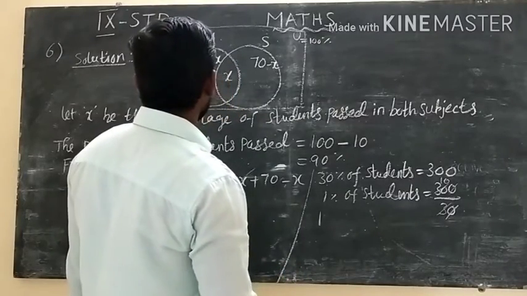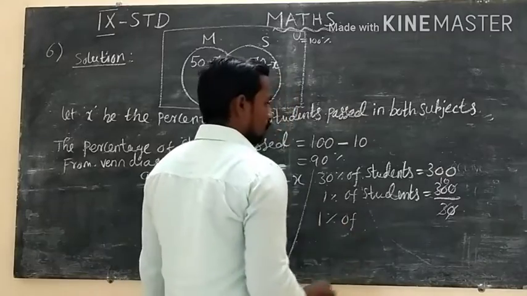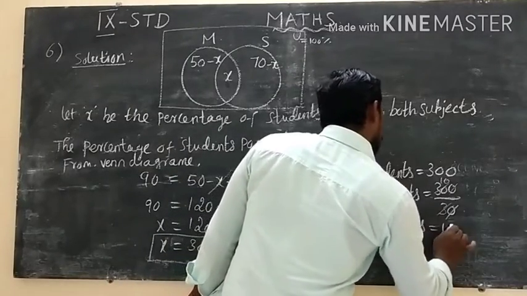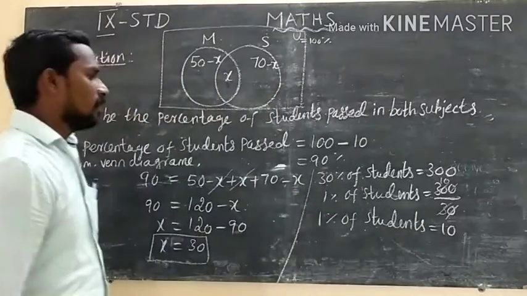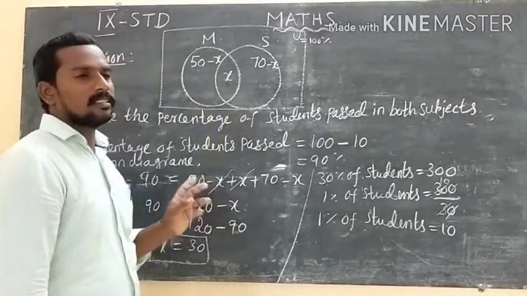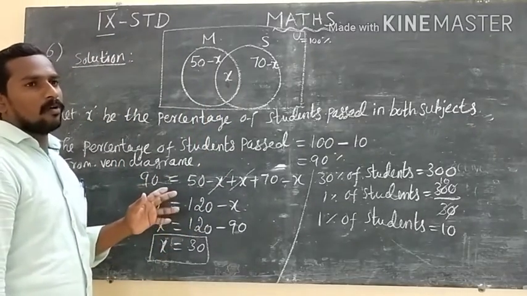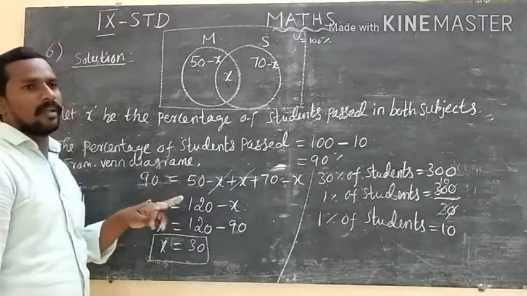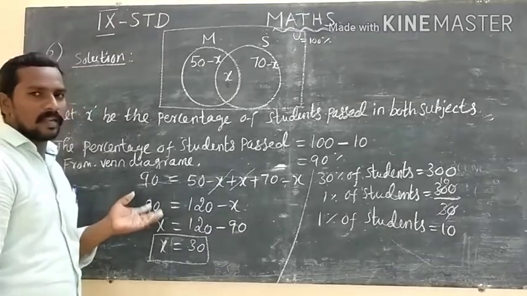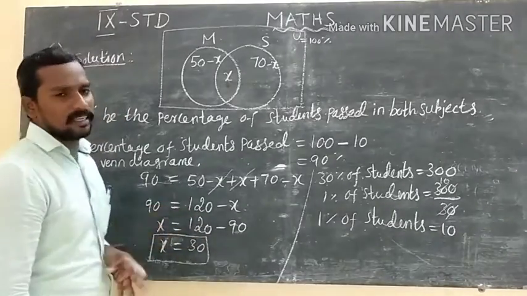So 1% of students equals 10. Our question asks for 100%, because it is the number of students who appeared in the examination. Once they appear, you decide pass or fail, so we consider the pass students as well as the fail students. So we calculate the 100% value.